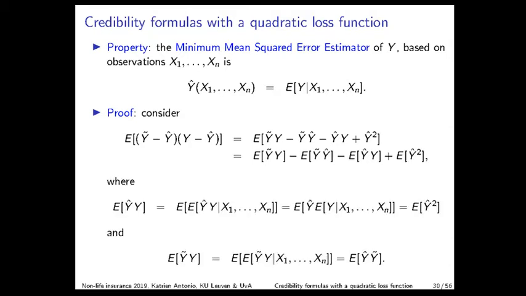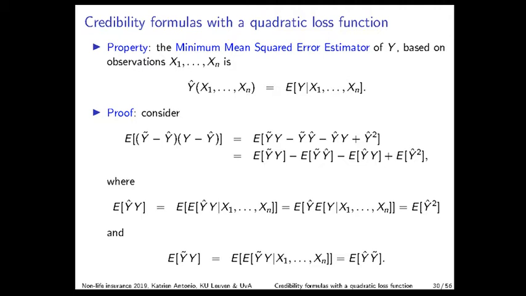In this expression, we first focus on the expected value of y tilde multiplied with y hat. Applying the tower rule, it is straightforward to see that this reduces to the expected value of y hat squared. Hence, this term cancels out in the above expression.